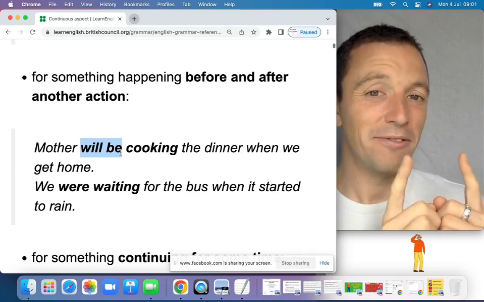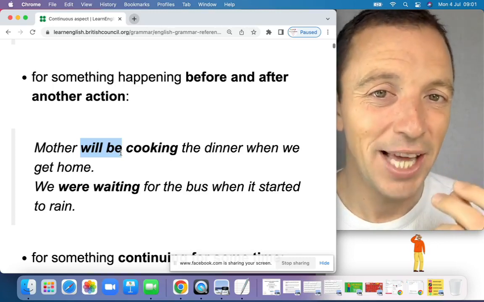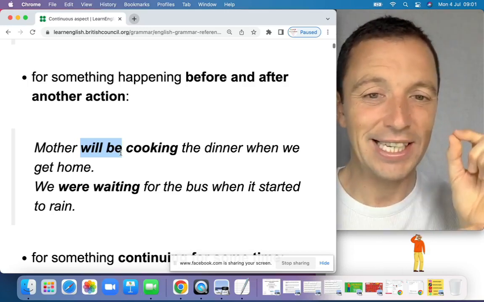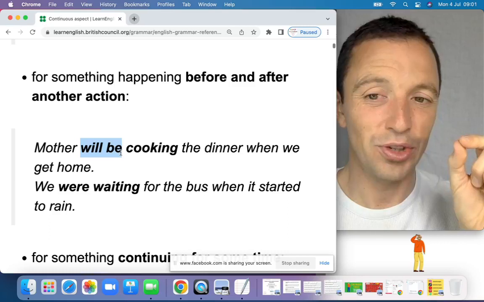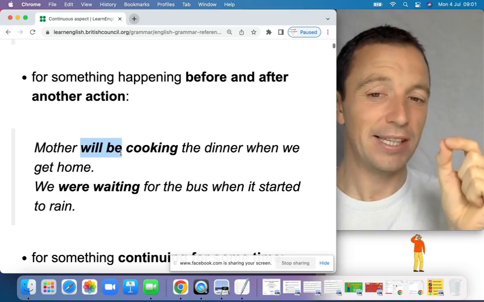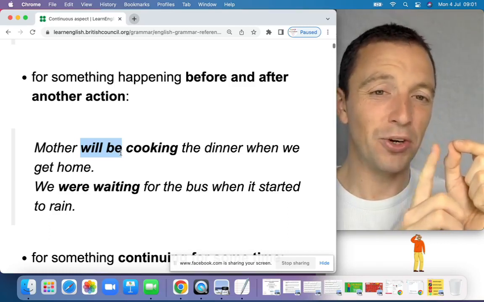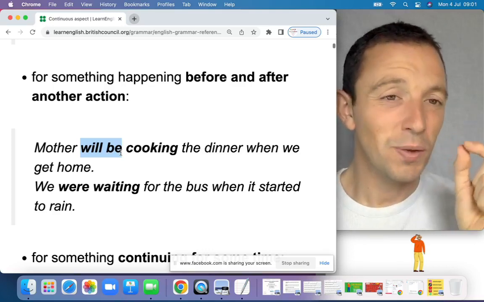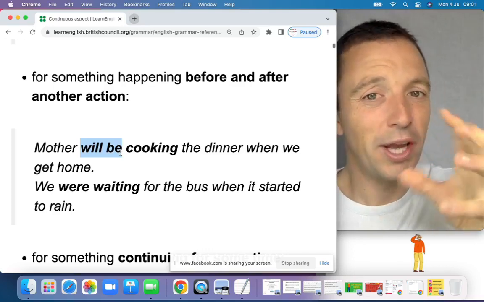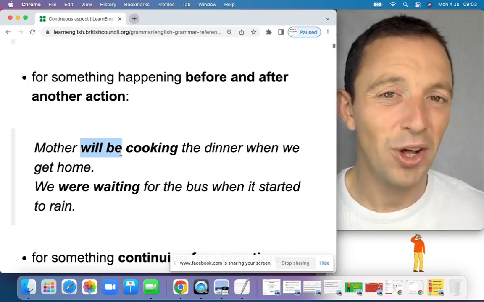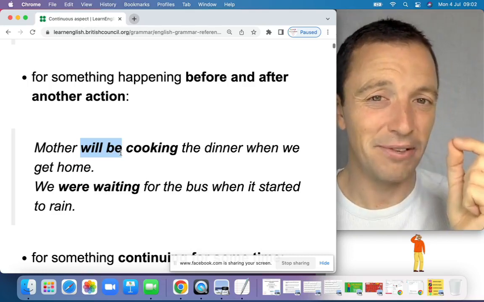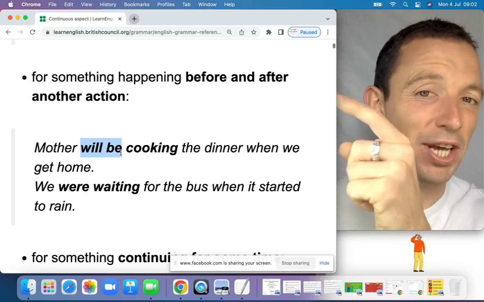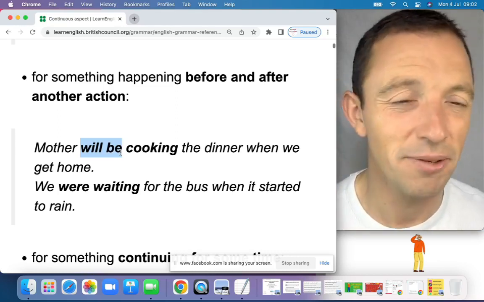Again, we have the verb to get, and to get in this case means arrive home. And this is the action in the future. So when you arrive home, this action, mother will be cooking before you arrive home and after you arrive home. So in this case, it's a specific action when you physically arrive, but also it's very similar to a specific time. So there's very little difference between this explanation and the first explanation, very similar.